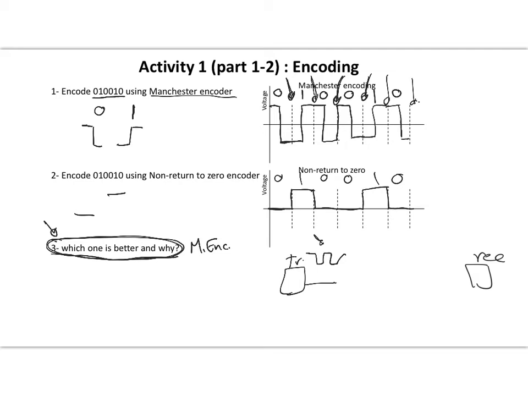So synchronization has to be achieved between the transmitter and the receiver. The receiver needs to identify in this signal what the bit boundaries are. Is it in the middle here of the signal, or is it here, or what? It needs to identify these bit boundaries. That's very important.